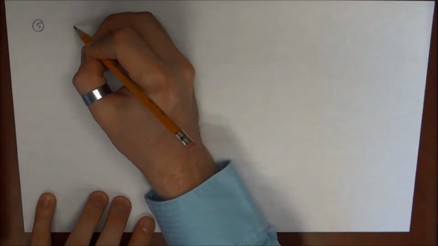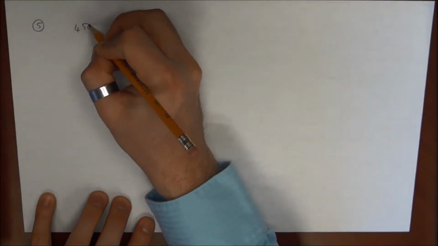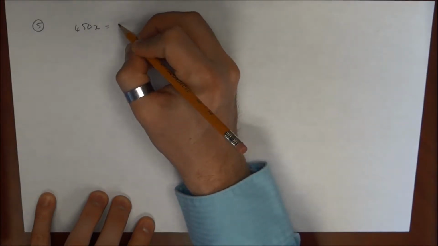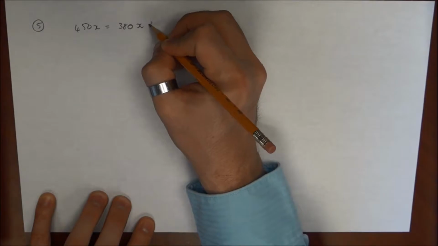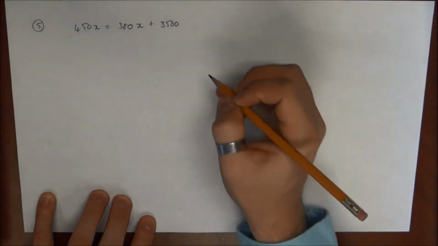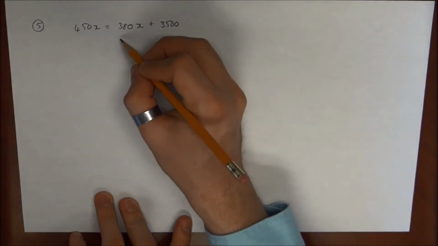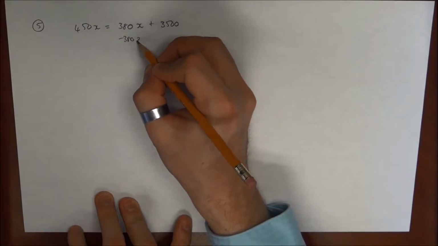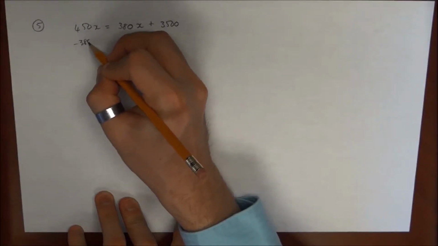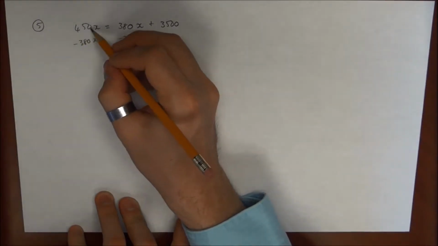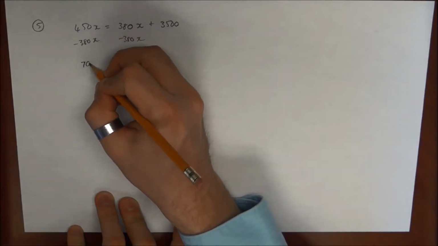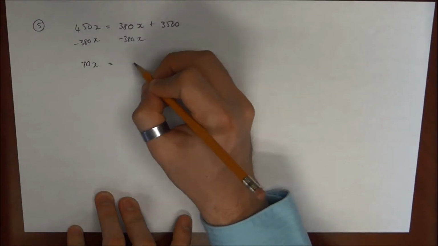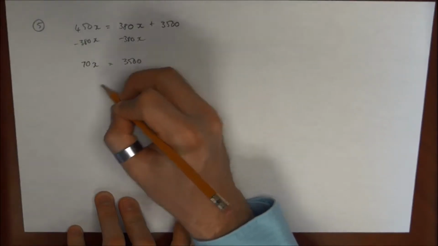So all I need to do is set up my equation where revenue equals cost and solve for X. So I subtract 380X on both sides. Well, 450 minus 380 is going to be 70X equals 3,500.